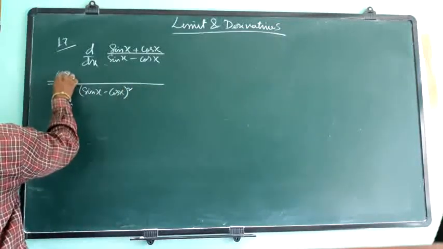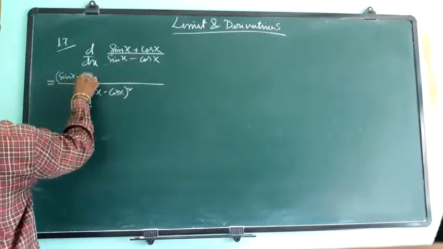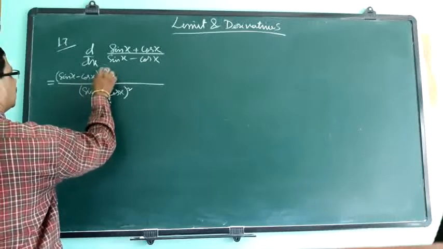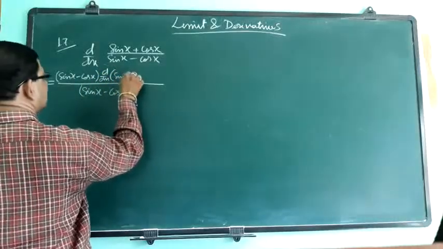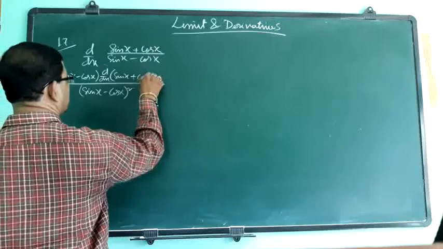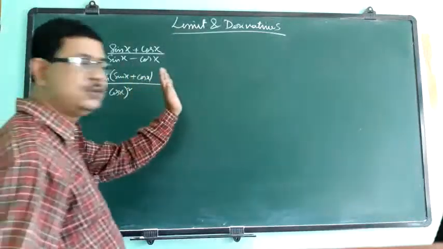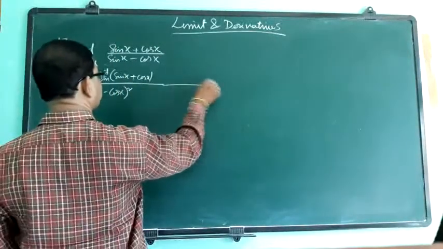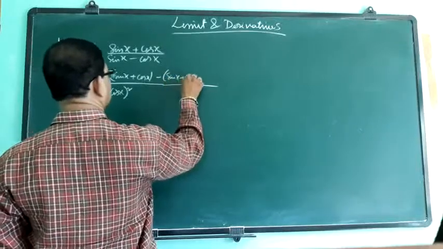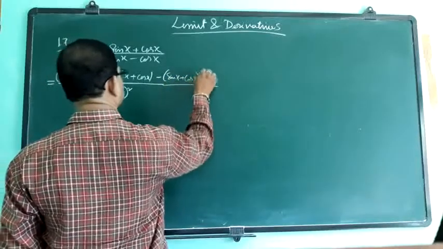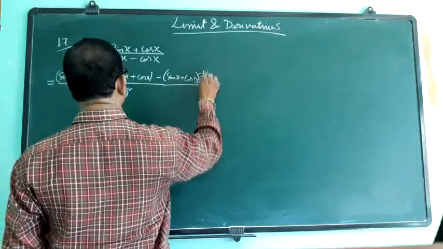Then in the numerator, (sin x - cos x) times du/dx, minus u times dv/dx.